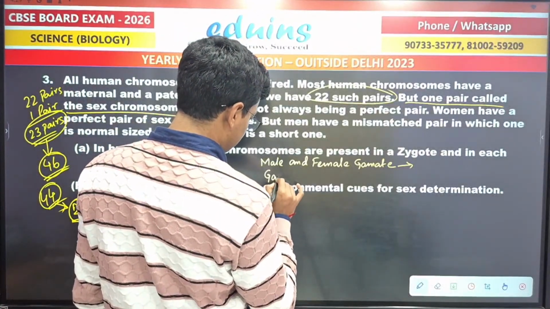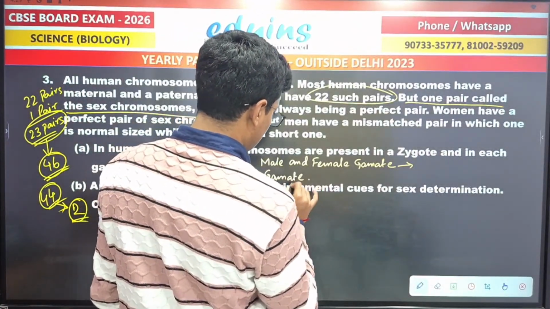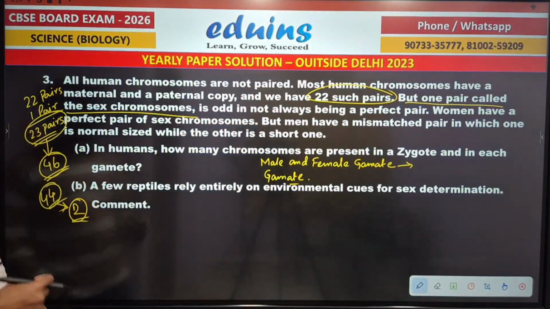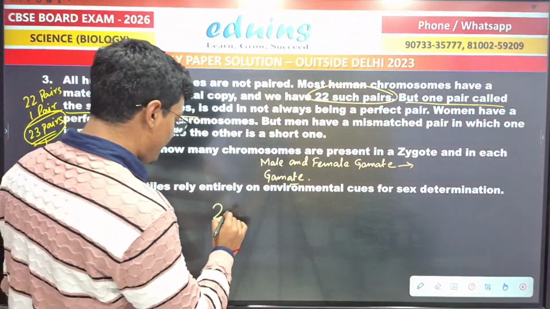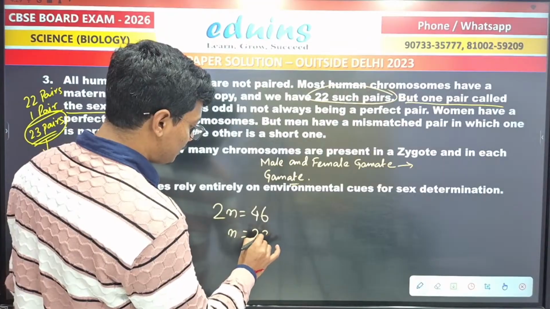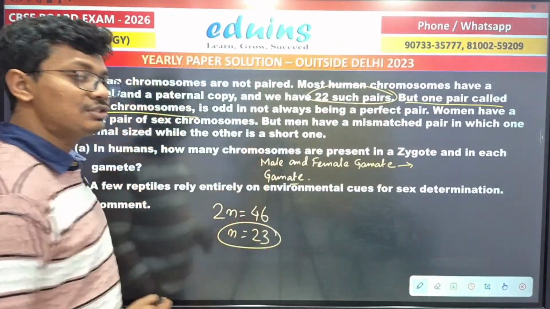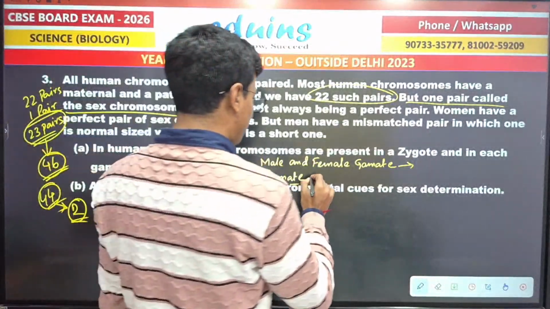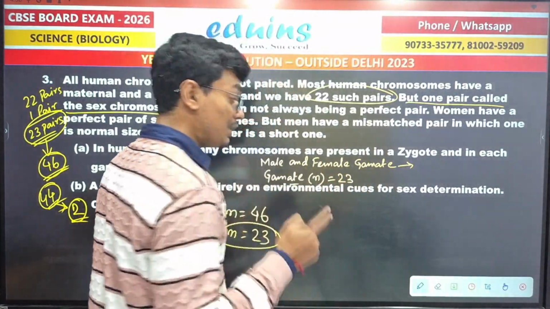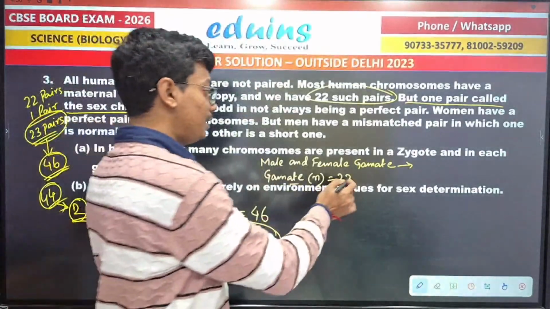If the total number of chromosomes is 23 pairs or 46, that is 2n equals 46 and n equals 23. So in the case of a gamete, the chromosome number is n, so it is 23. No pairs, only 23.